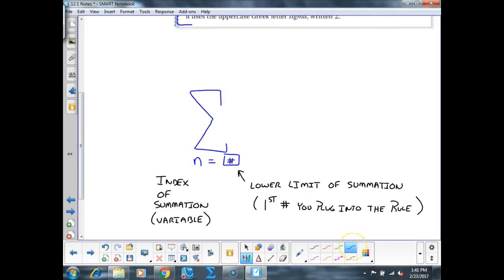Then you're going to have a number up here above the sigma. That number is called the upper limit of summation. It is the last number you plug in.